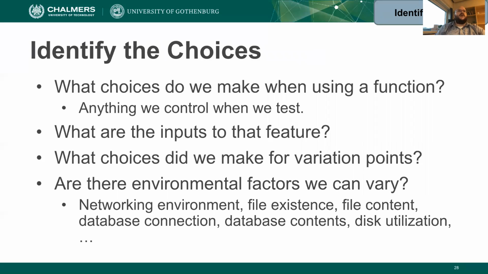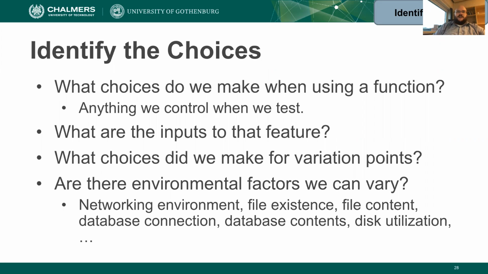So the outcome of a function depends on the choices we make when we test it. And what do I mean by choices? Well, that's anything we have control of when we test. The parameters, the choices for each of the features or feature configuration, and the environmental factors that can influence the execution of that function.